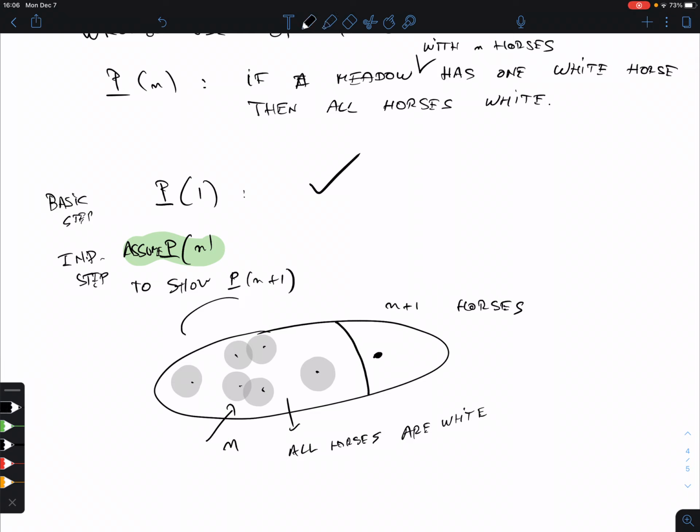Okay, sure. What I do now is I do a second argument. Let's get rid of the fence. Go back with your white brothers. And now taking one of the white guys, separate him. And now we have a meadow with a lot of white horses and one horse that I don't know yet, by the same induction hypothesis. So this was the induction hypothesis, made all these white.